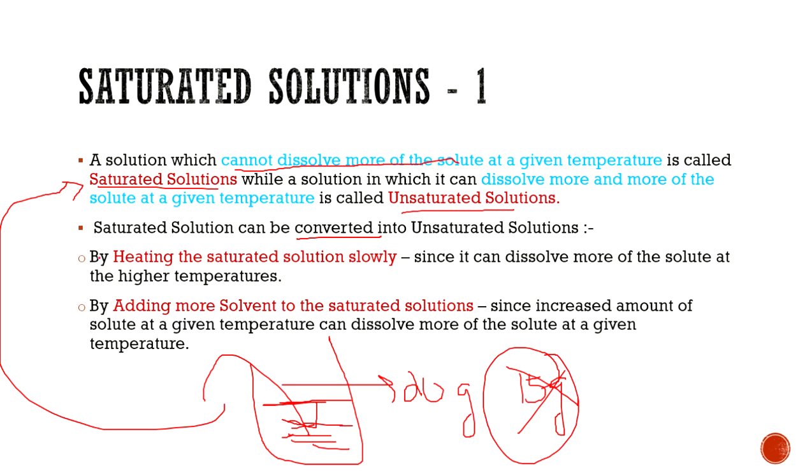Number one is heating the saturated solution slowly. First of all, give a low temperature. Suppose you use a Bunsen burner, first supply 10, then 15, then 20 slowly. What happens? It dissolves more of the solute at higher temperature. Or you have to add more solvent. Let me make you understand.